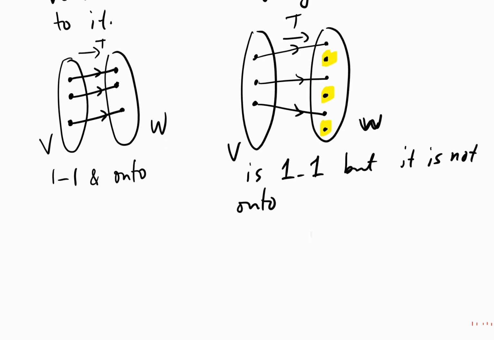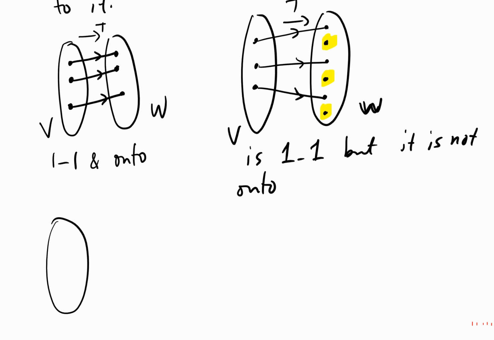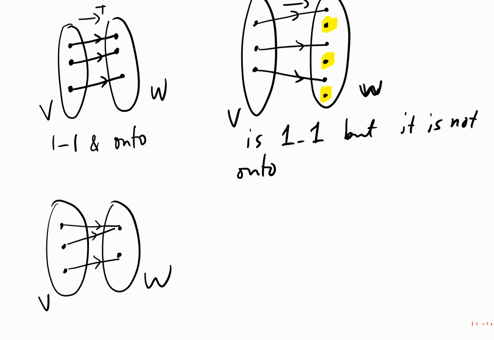How about a different example? Last example here. So say V, W, this element gets mapped to this element, and this gets mapped here. This one, notice two distinct elements get mapped to only one element.